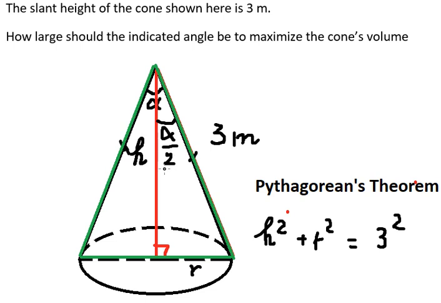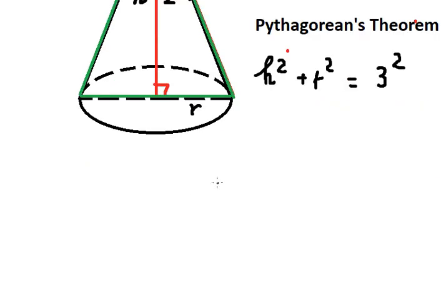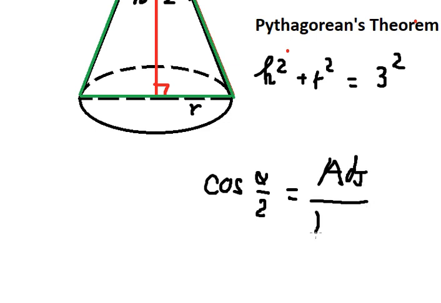So about alpha over 2, we have cosine alpha over 2. That is adjacent divided by hypotenuse.